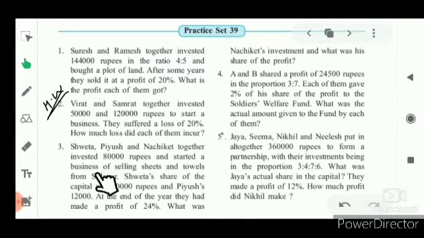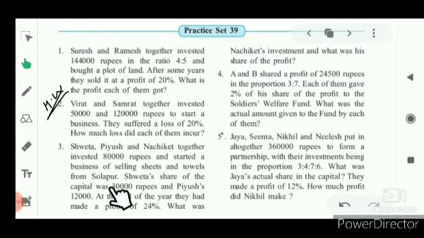Okay, let's see the third question. Shweta, Piyush and Nachiket together invested 80,000 rupees and started a business of selling sheets and towels from Solapur.